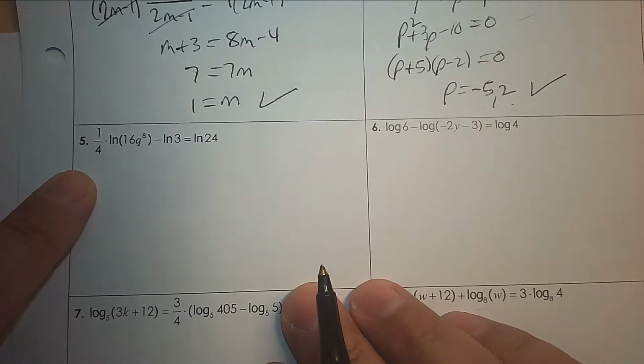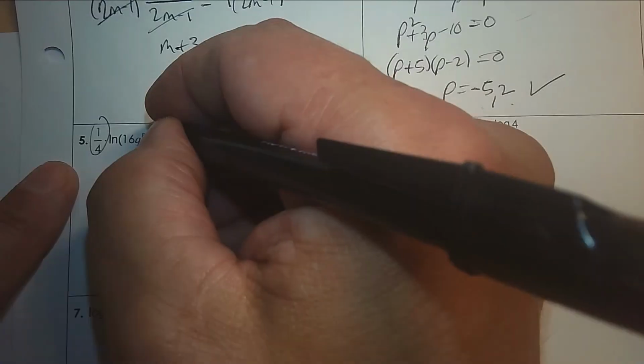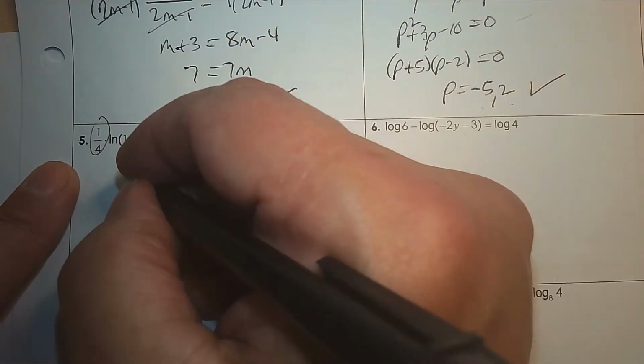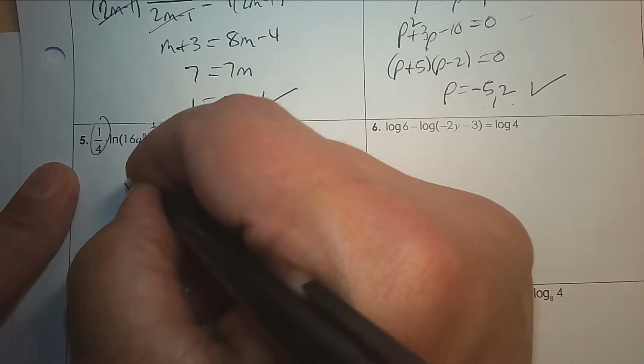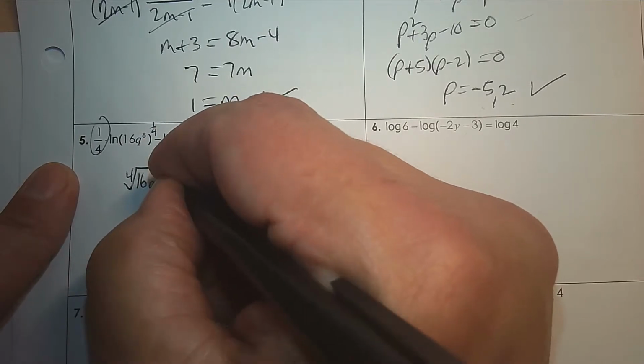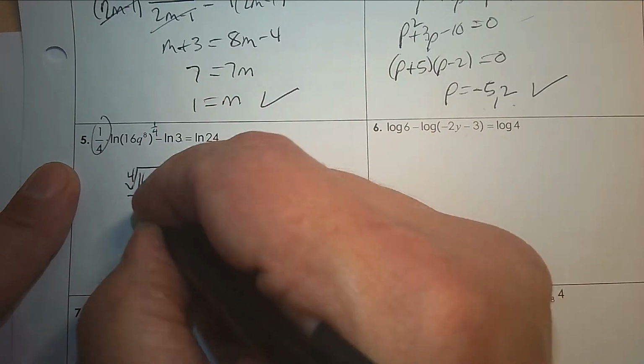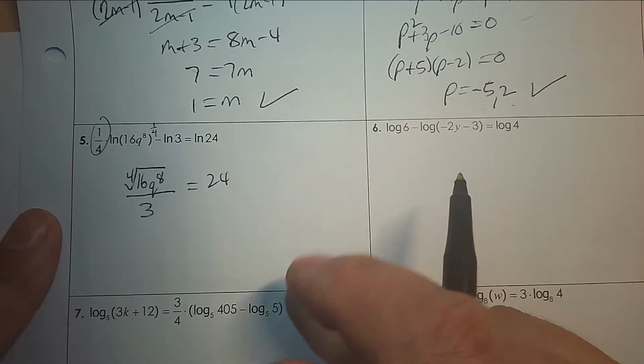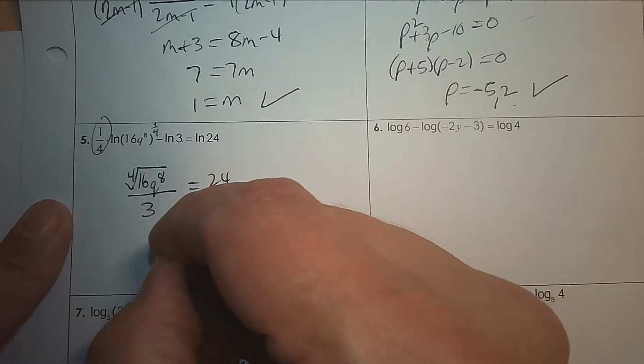Number 5 here, this quarter actually belongs as the exponent here. So that's the fourth root. So we have the fourth root of 16q to the 8. Subtract means you divide it by 3, and it's equal to 24.